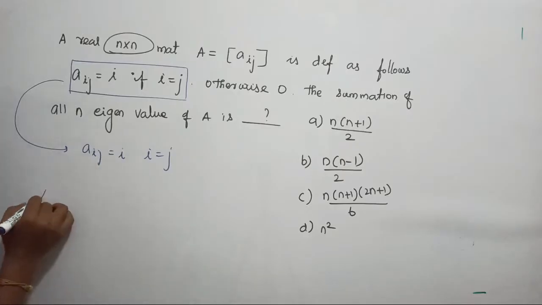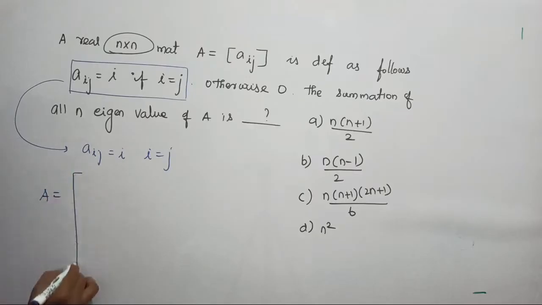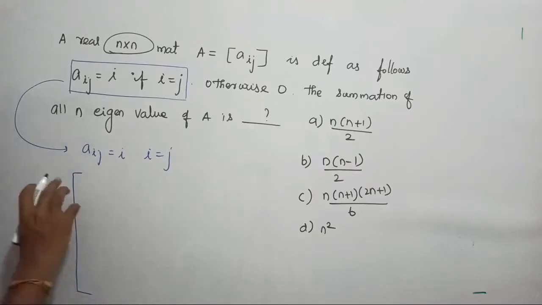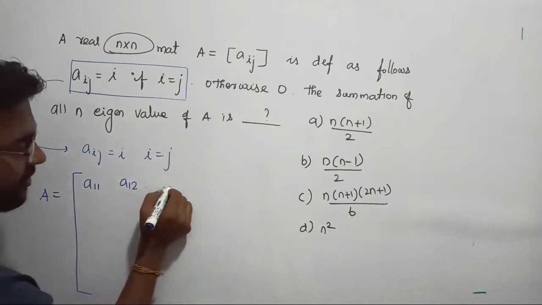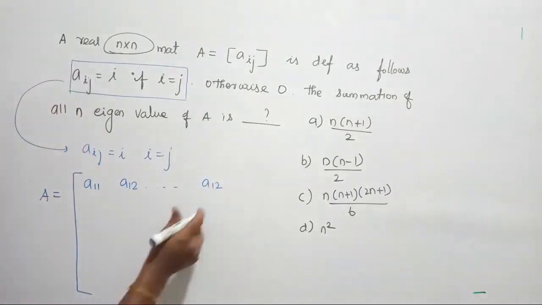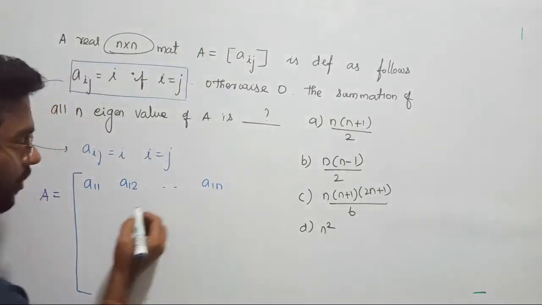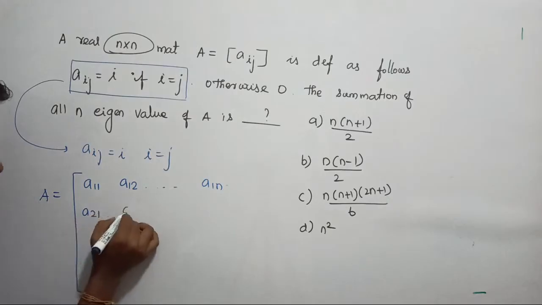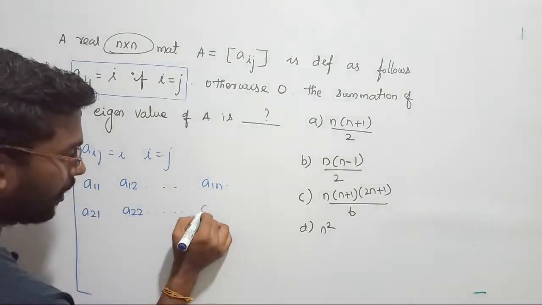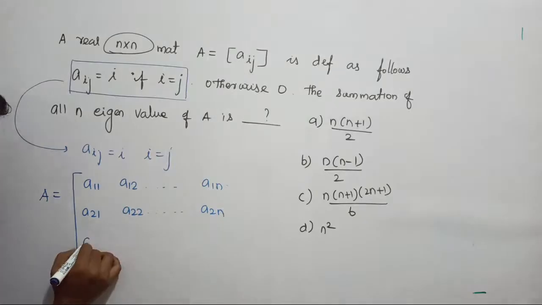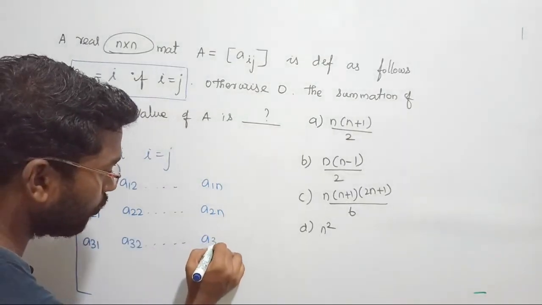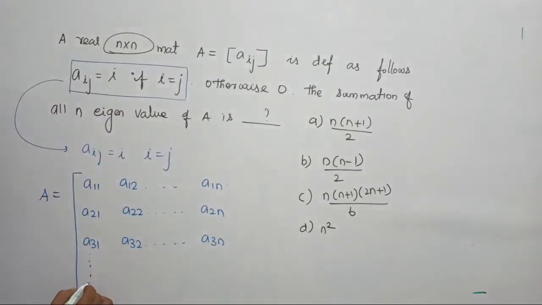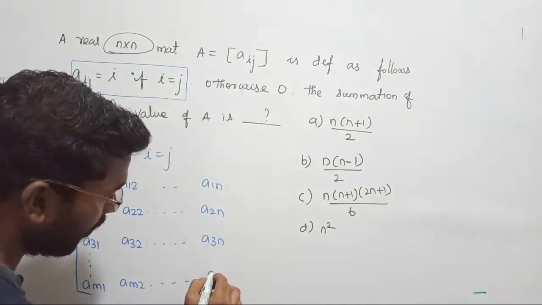Let us develop the matrix for the given question, then you will feel how easy it is. First I write the general representation of a matrix: A11, A12, up to A1n. Similarly A21, A22, up to A2n. Similarly A31, A32, up to A3n. Like that, AM1, AM2, up to AMN.